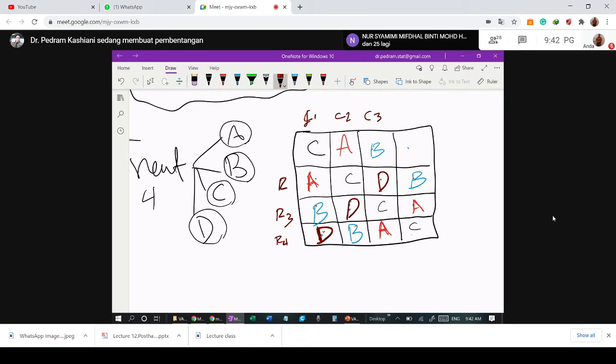So this row is A, B, C, D, and the column is A, B, C, D, correct? And the last one will be here. This is C4 and row 1. So column 4, A, B, C, D, and row 1, A, B, C, D.